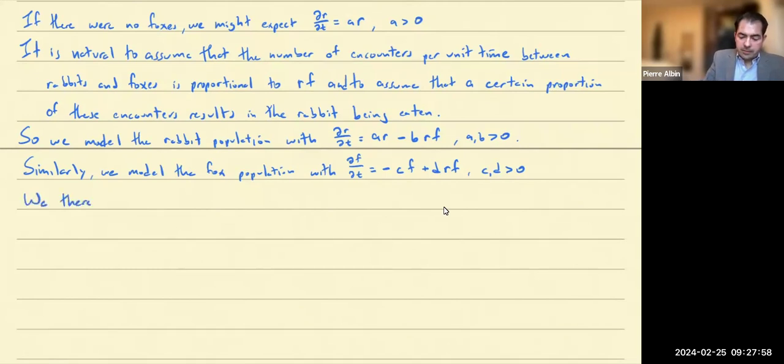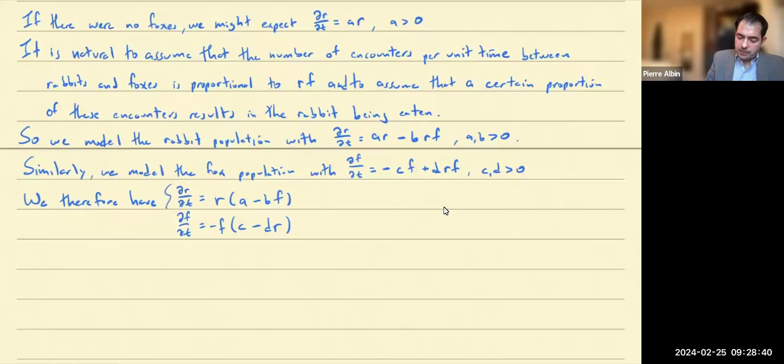We therefore have the system of equations dR/dt equals R times (a minus bF), and dF/dt is equal to minus F times (c minus dR).